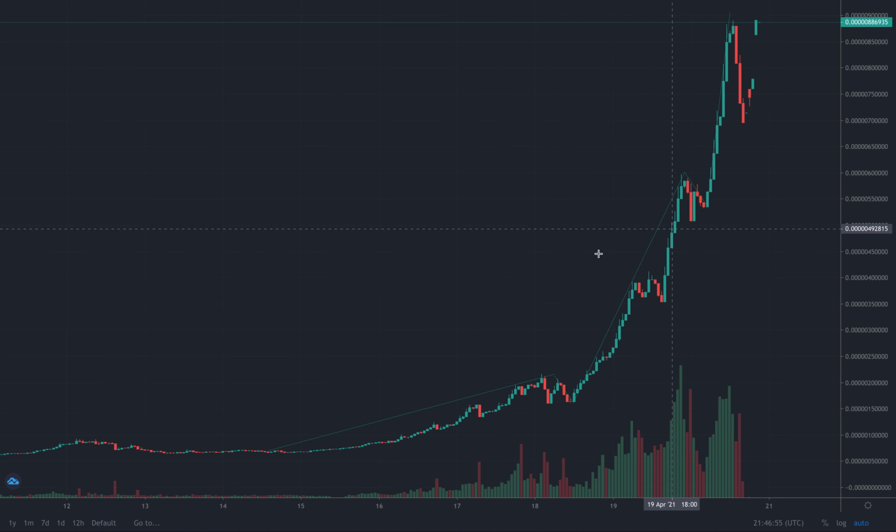Wave three is always 161, 200%, 261%, 323%, I believe, of wave one and two. And then wave four is always going to be 14.6, 23.6, 38.2%. So typical Fibonacci numbers, they should correlate with each other. But this will never be greater than 50% of wave three.